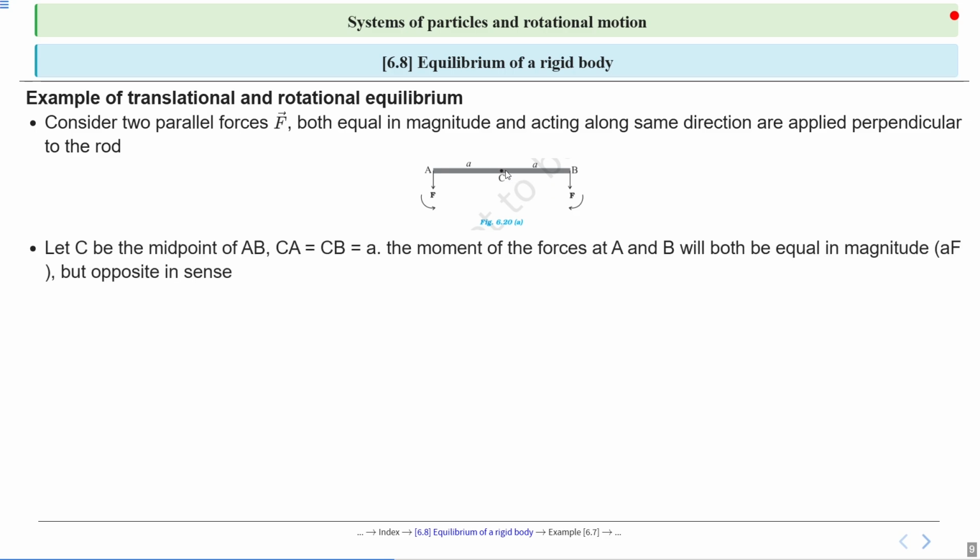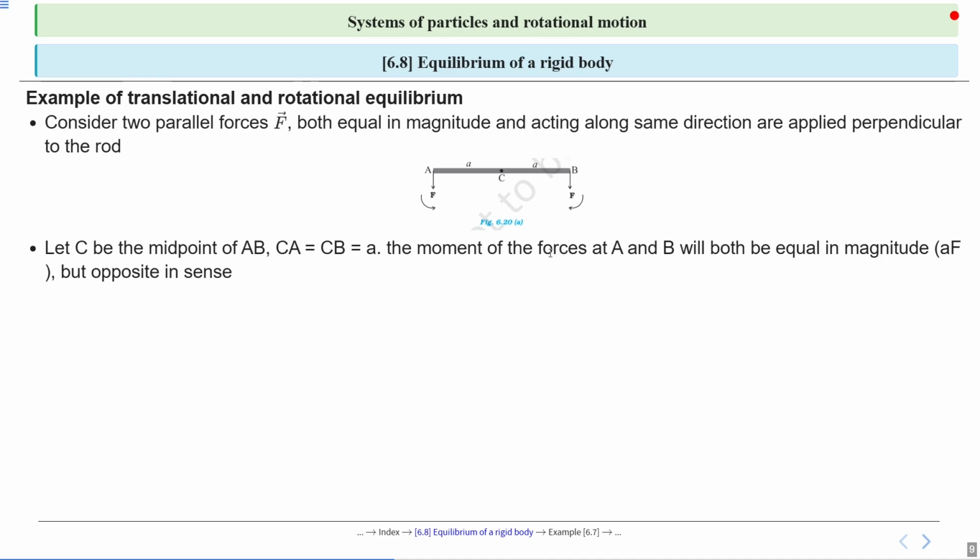This C is the midpoint of AB. So if C is the midpoint, we can say CA equals CB. The distances AC and BC are equal.